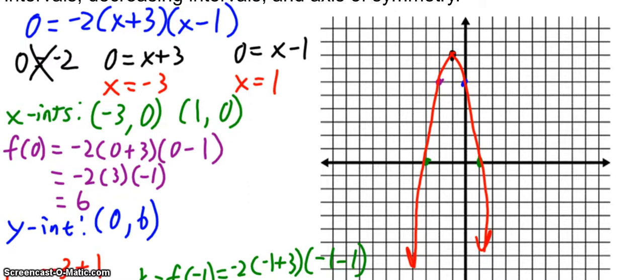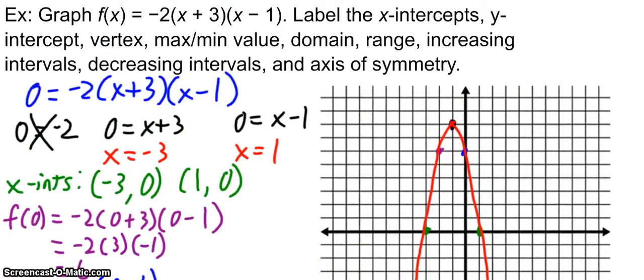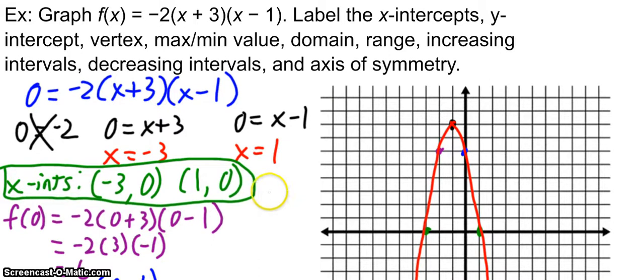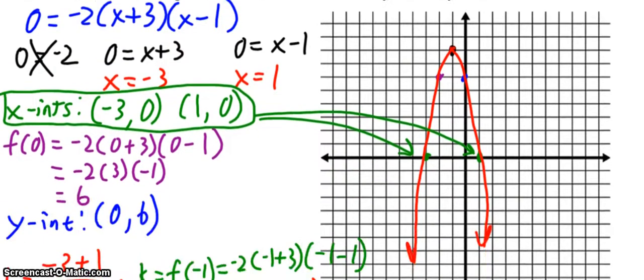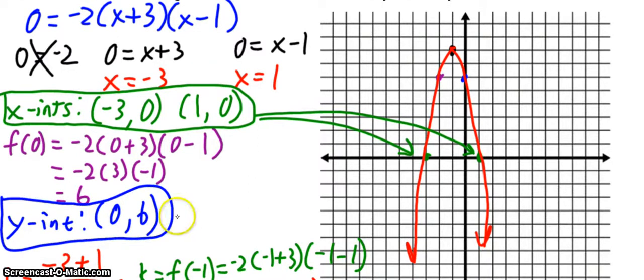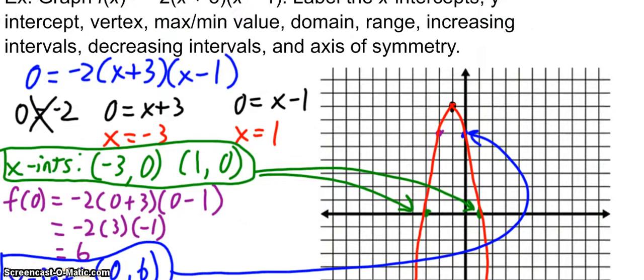Alright, now we still need to find a bunch of other information, right? So we have our x-intercepts. Those are here and here. We have our y-intercept, that is right there.